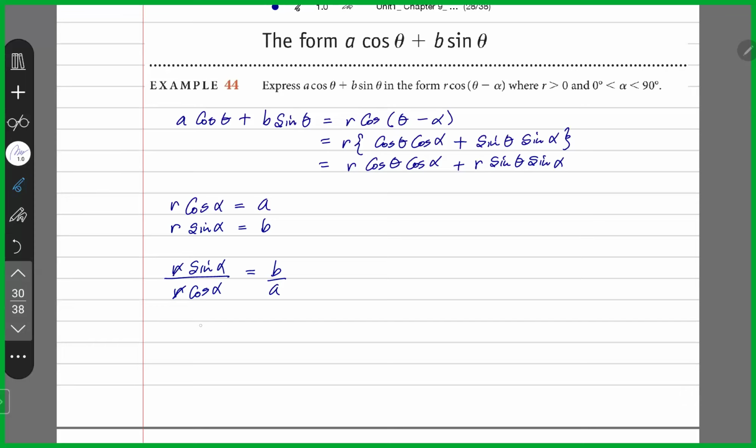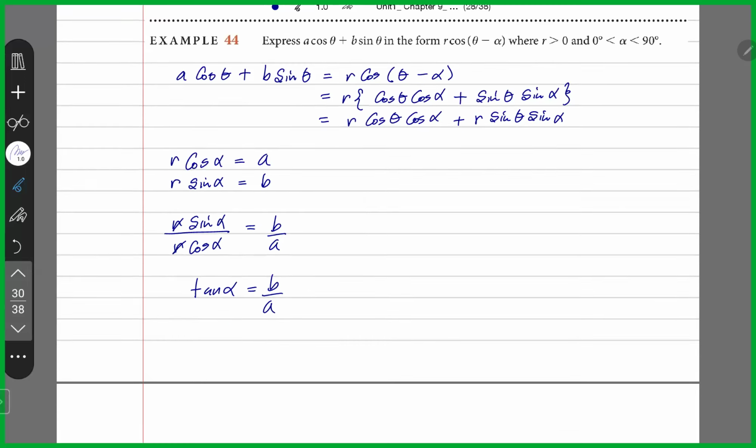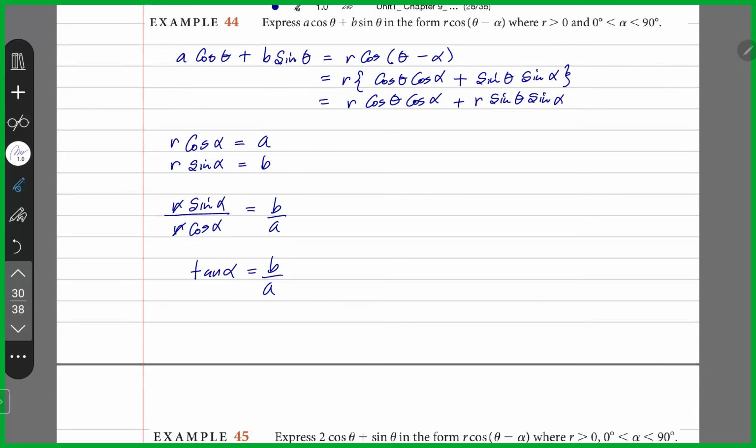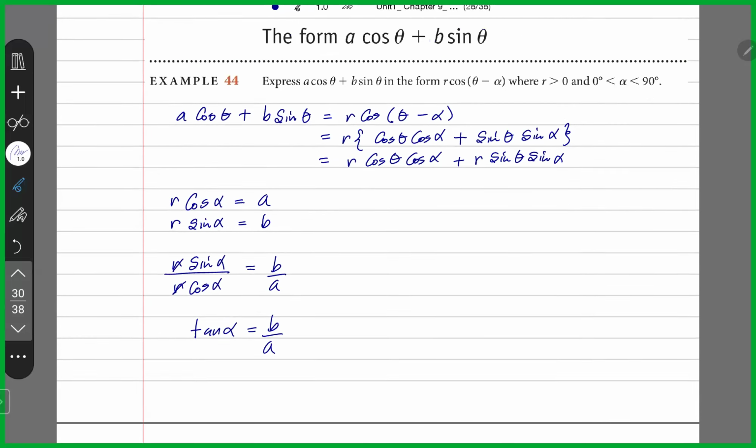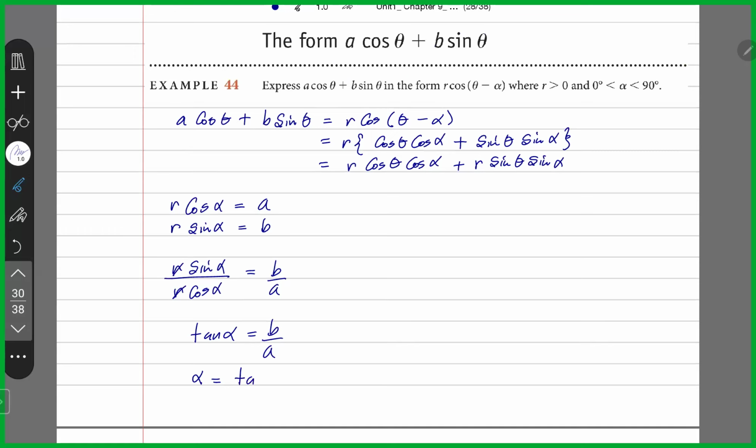I can then say tan alpha is equal to B over A. And if tan alpha is equal to B over A, it means that alpha is equal to tan inverse B over A. So we find alpha.